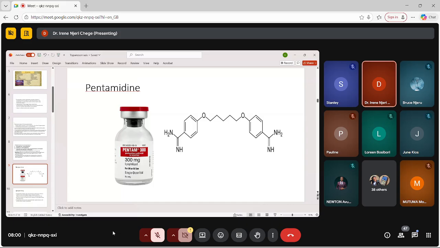It can exert its effect by interacting with negatively charged intracellular targets. That is our hypothesis. And this can cause inhibition of DNA, protein synthesis and enzymes in the parasite.